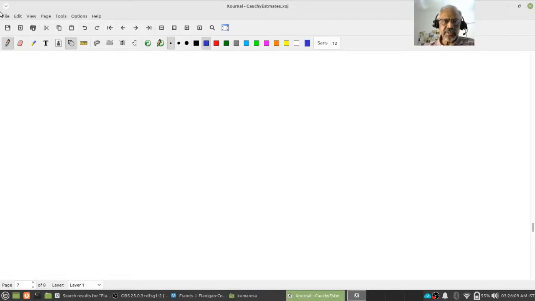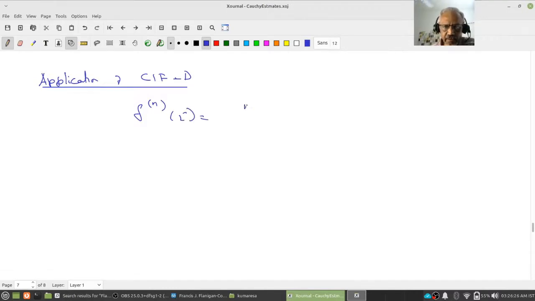So I want to give a typical example, an application of CIF-D. It says something like this: f nth derivative of z is n factorial by 2 pi i integral over gamma. Remember, all these paths are circular. I don't want to keep repeating: with standard parameterization, that means it goes in the anti-clockwise direction.